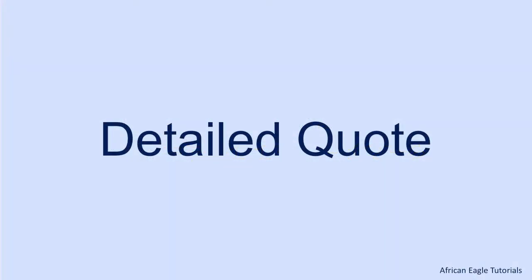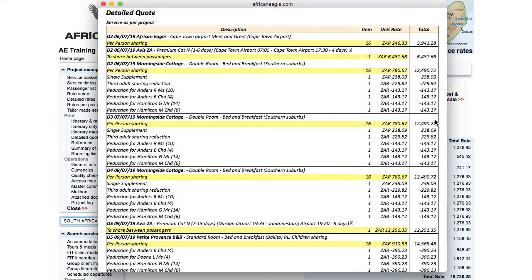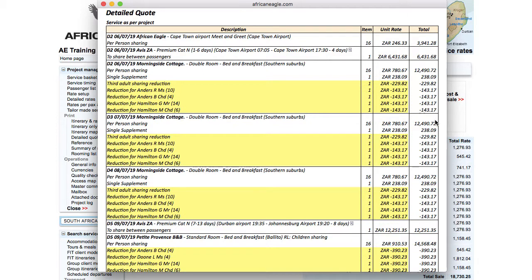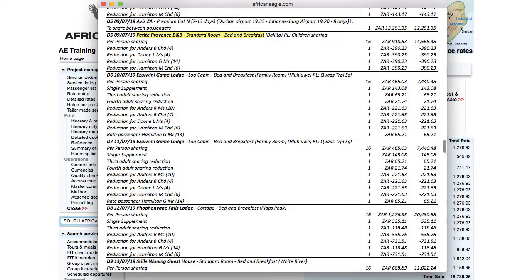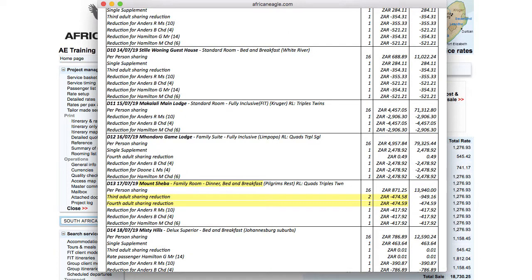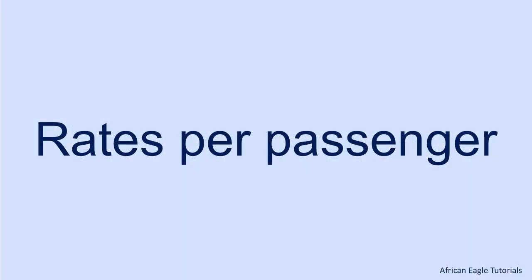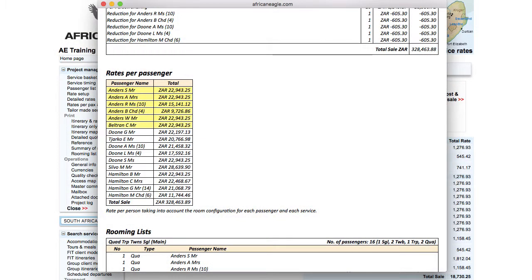The detailed quote shows for each service the per person sharing rate which all passengers will pay, and then the supplements and reductions applicable. For example, at Morningside, a single supplement, third adult reduction, and child reductions. At Petite Provence, child reductions. At Mount Sheba, third and fourth adult reductions and child reductions. The rates per passenger show the total calculated for each passenger, taking into account whatever supplements and reductions may apply.